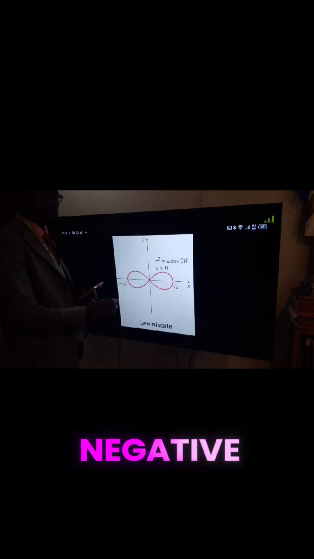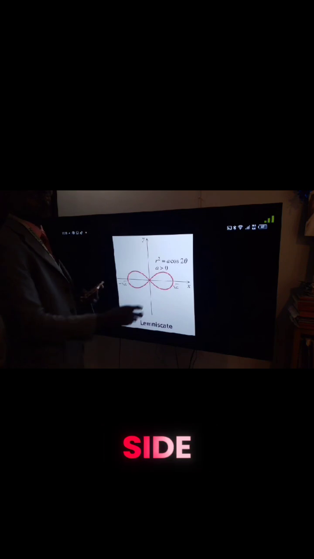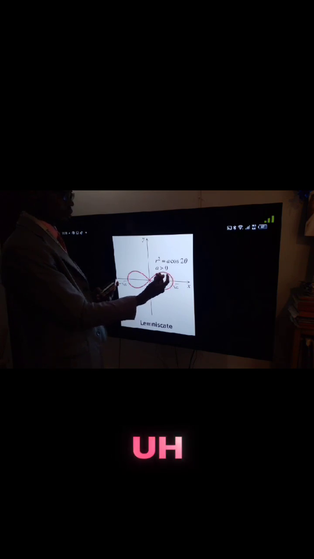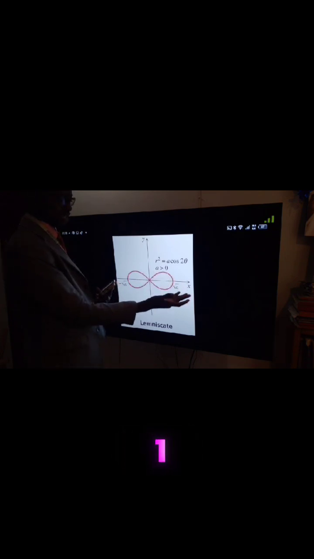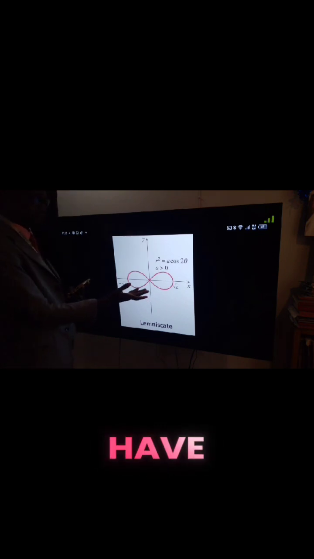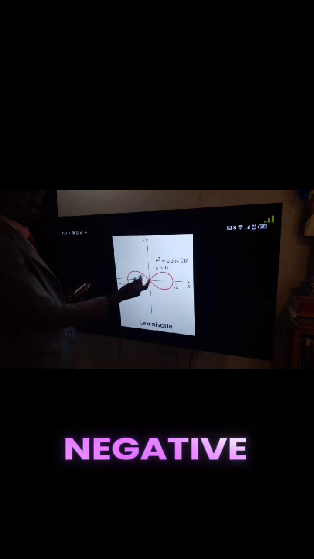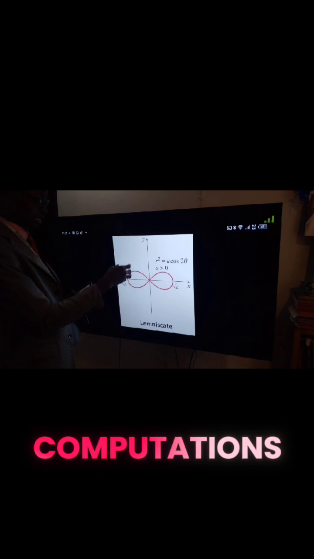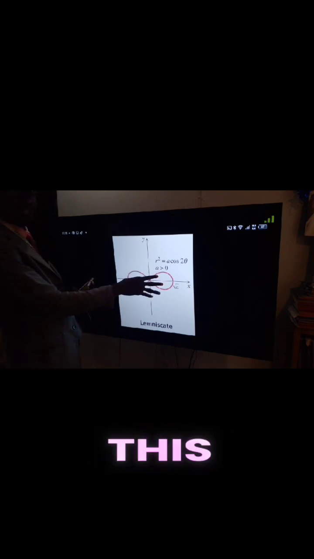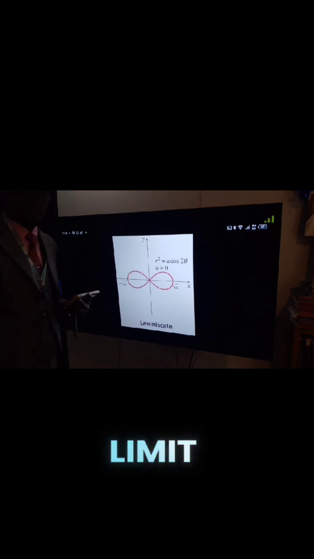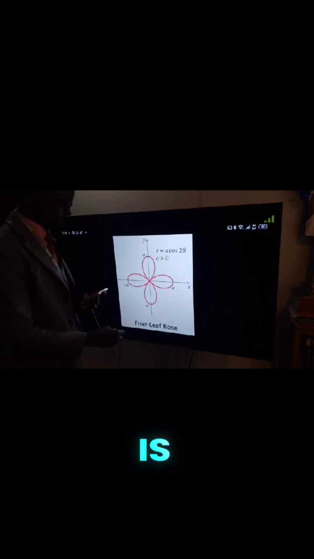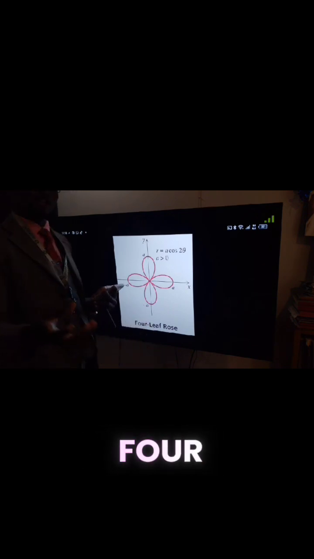Here we have negative root a, and this side is root a. You can as well take coordinates like (0, 1) or (1, 0), and then we can have (-1, 0), depending on the type of computations that we will be using. This infinity shape we call the lemniscate, in terms of our graph system. The next type of graph is what we call the four-leaf rose.